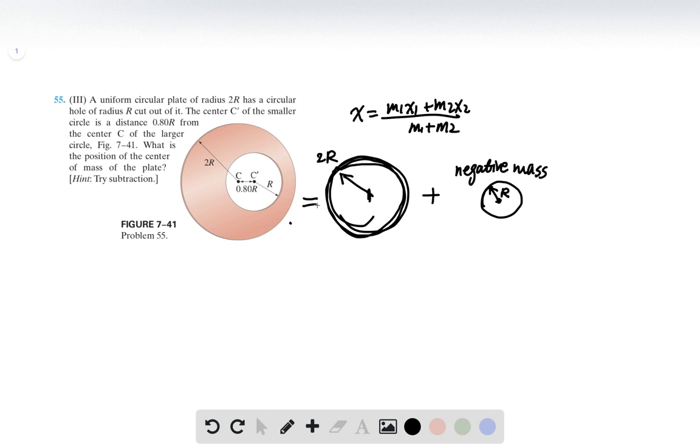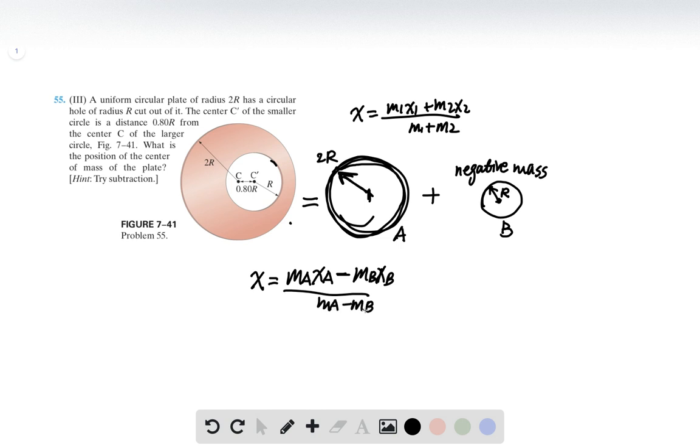So we will be considering this hole as a different mass with its center of mass 0.8r from the center of this 2r disk, but with a negative mass. So let's start doing it. We have x equals, I will call this A and I will call this B, MA XA subtract MB XB over MA minus MB.